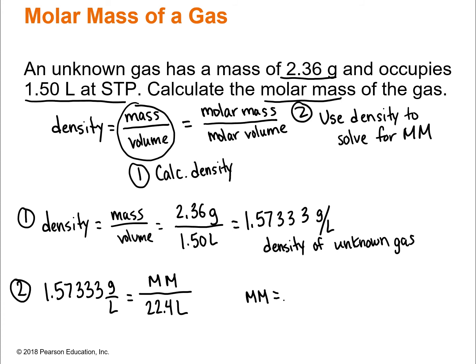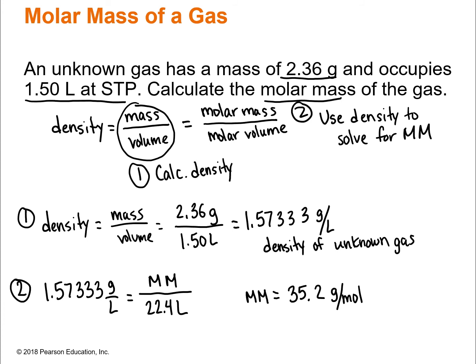You multiply by 22.4 liters on both sides, and you should get 35.2 grams per mole as your molar mass. Let that simmer for a second. Let me know if you follow.